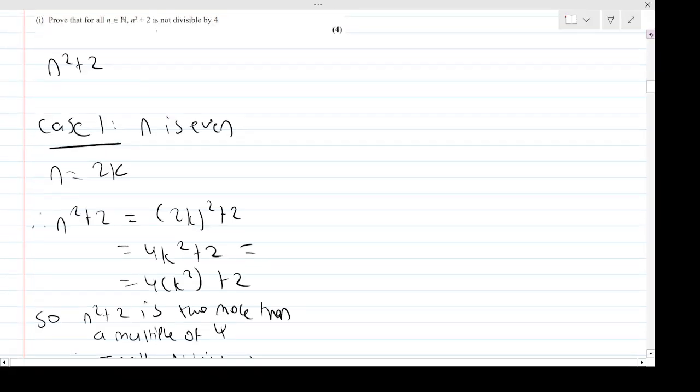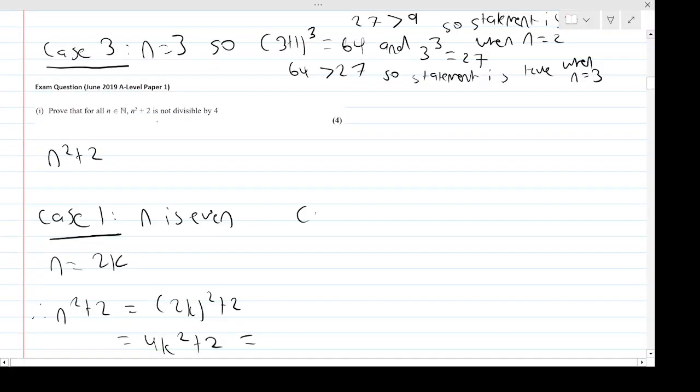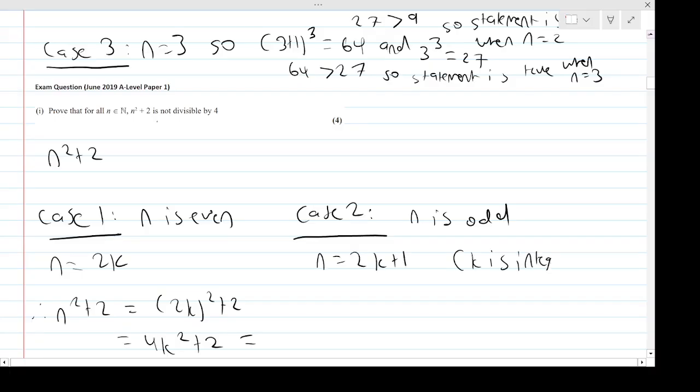Let's have a look at this example there. The other case then: if n is even, the other possibility is n is odd, right? Well, if that happens, then n can be written in the form 2k add 1. I should probably also say k is an integer, to be a bit more correct.